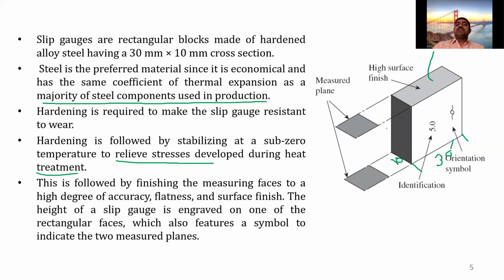After that, the top and bottom surfaces are finished using the lapping operation to get a high degree of accuracy, flatness and surface finish. The height of the slip gauge is engraved on the rectangular faces, along with a symbol to indicate the two measured planes.